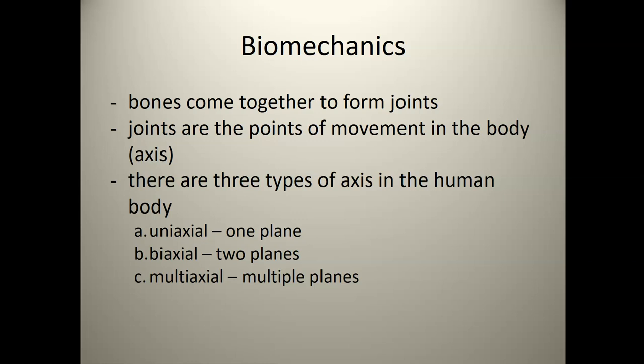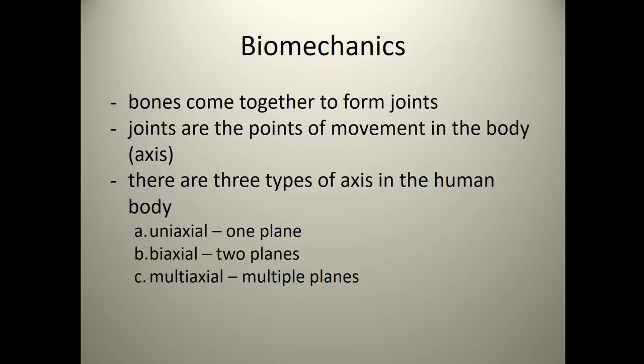Whenever we have two bones come together at a joint, this is where we have movement in the body. So we can say that wherever that movement is between those two bones, those bones are moving around an axis of action. There are three types of axis in the human body. There is uniaxial, biaxial, and multiaxial.